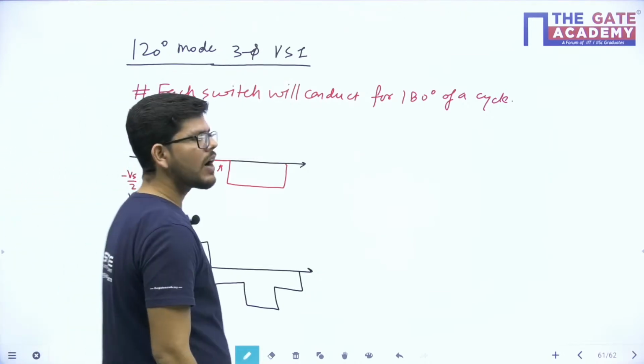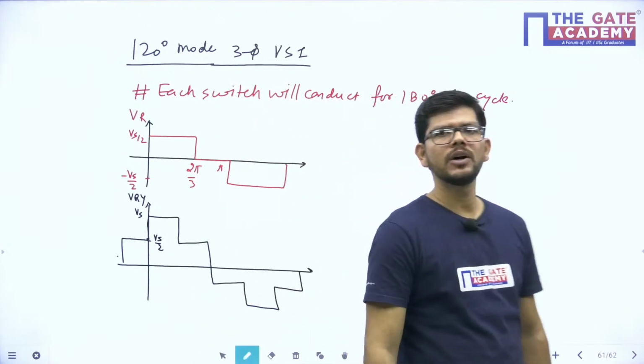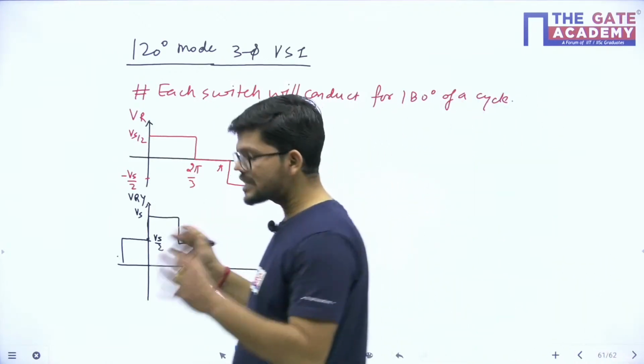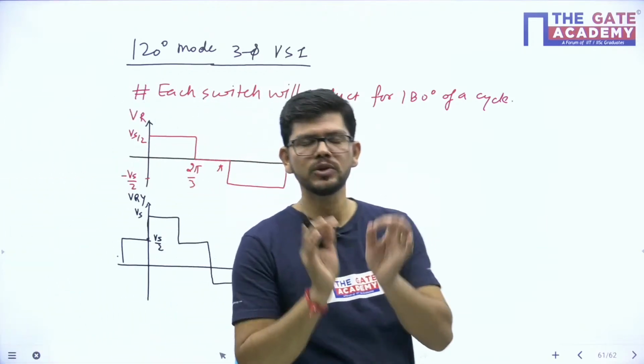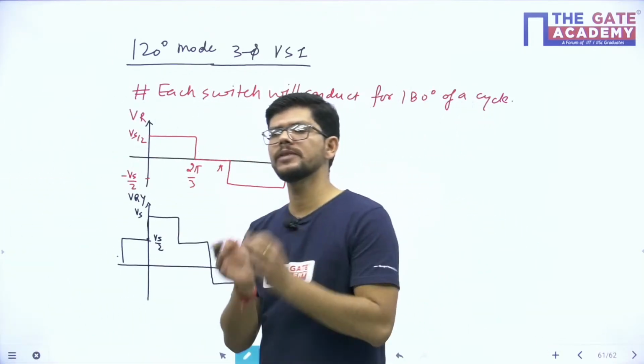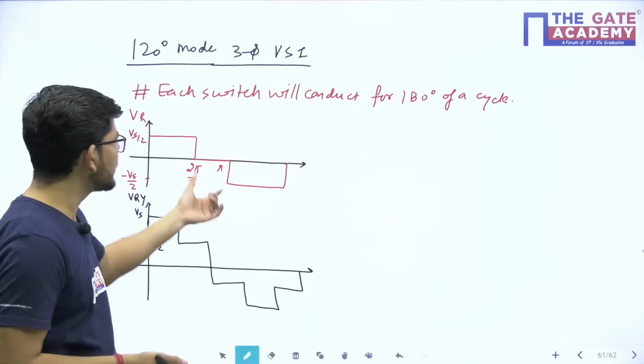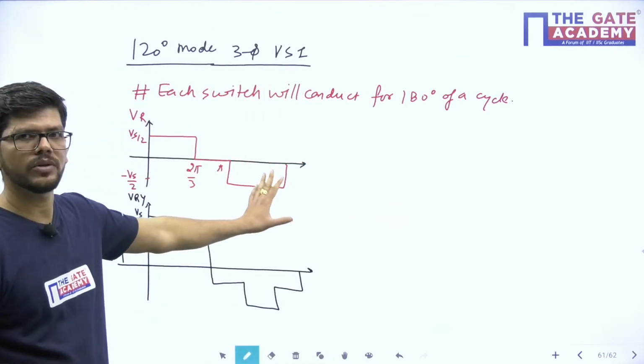Now I leave it up to you, just referring to the concepts of writing a Fourier series of square wave, quasi square wave, shifted square wave, you can write the Fourier series expansion for this.